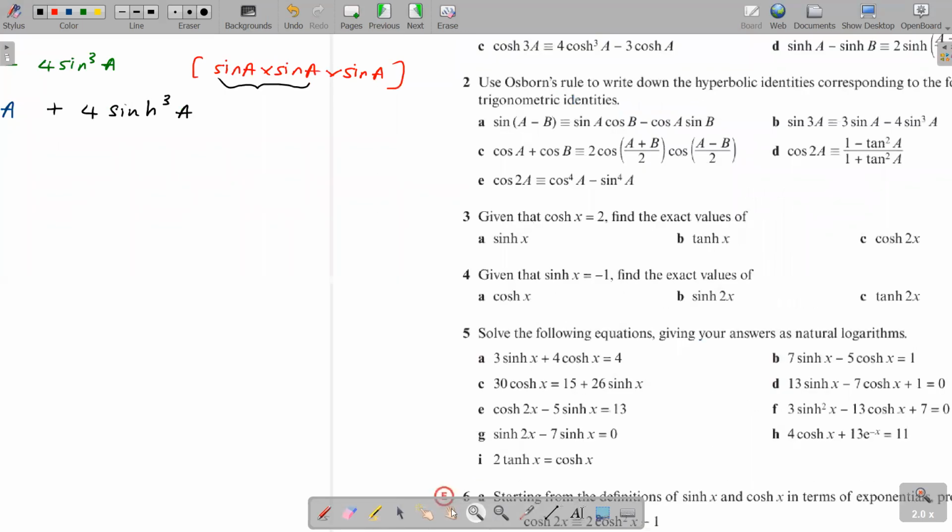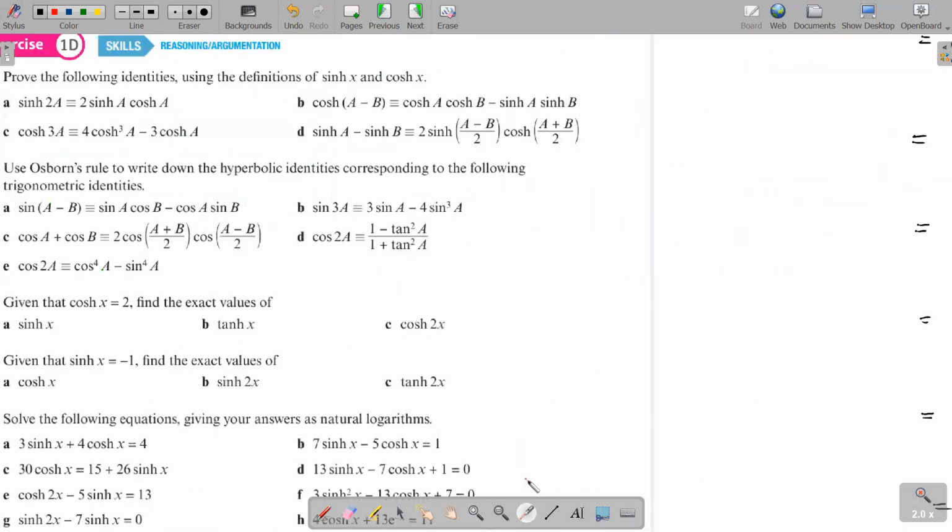But this guy over here, the next one, you can see there's a tan. And I told you when there's a tan, it means there is an implied sine product, because inside of tan you have a sine, right? And since it's tan square, you have two tan. So tan A into tan A, which means inside you have a product of sines. So over here, when you do the conversion, this is going to be cosh 2A. 1 minus tan square becomes 1 plus tanh square.